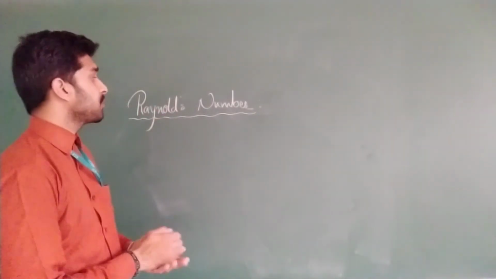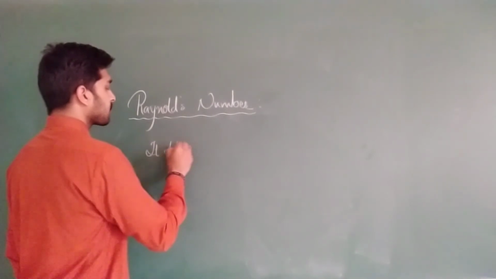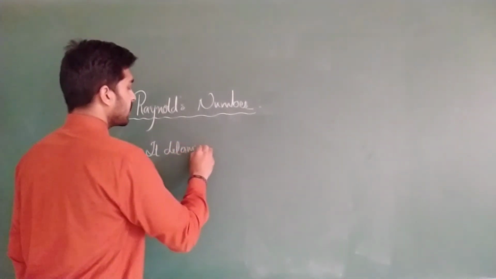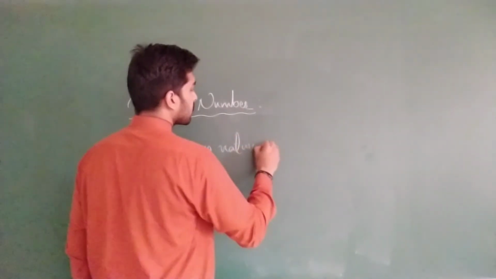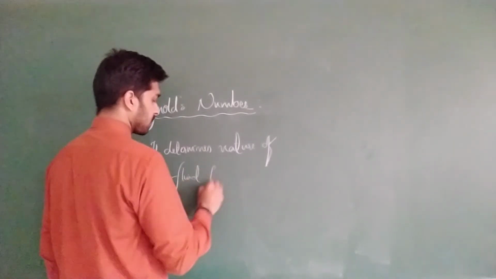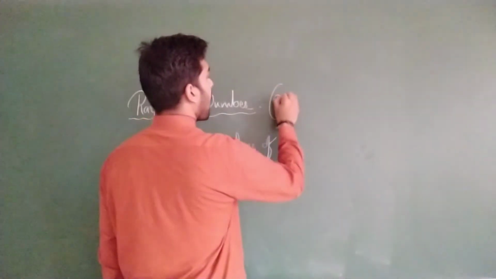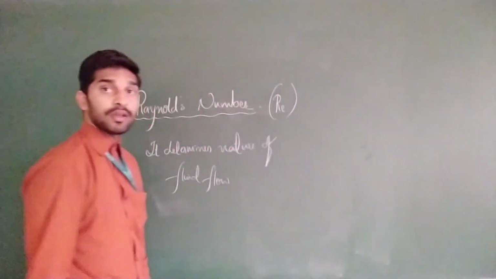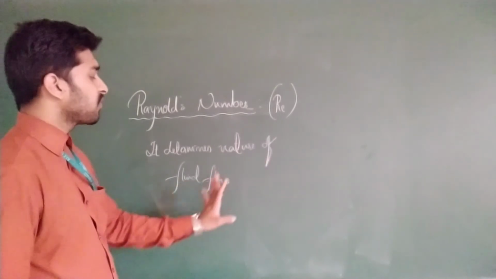Reynolds number is a pure number which determines the nature of fluid flow, and is denoted by Re.